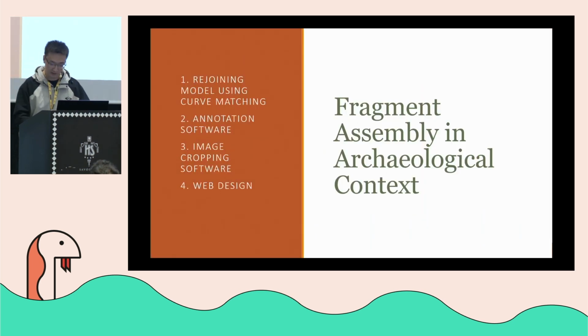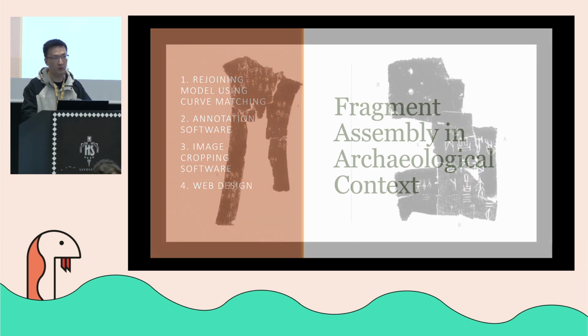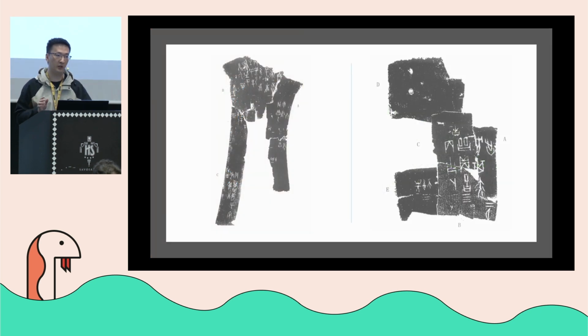So this brings us to how to reconstruct different fragments using Python in an archaeological context. And this was typically compared to jigsaw puzzle solving because you have to piece together different pieces on the basis of paleographical features or typological features or based on edges.